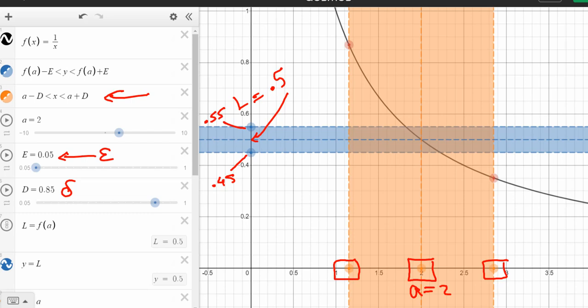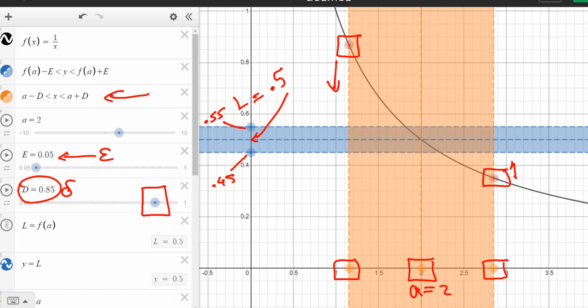My delta right now stands at 0.85. I'm too far away from 2, and that's why if you look at these numbers, I am outside. I need to get closer to those epsilon tolerances, to be within 0.05 of the limit. So in order to accomplish that, I'm gonna have to move closer to 2.